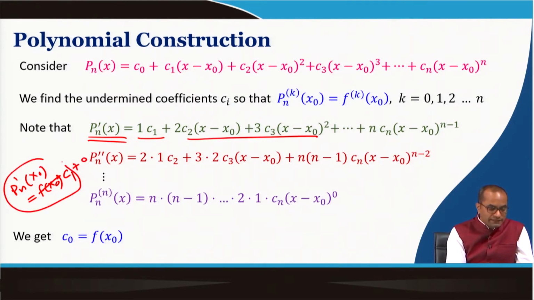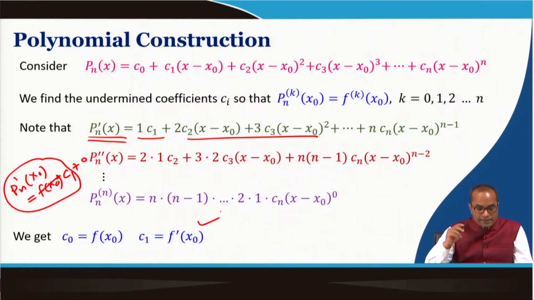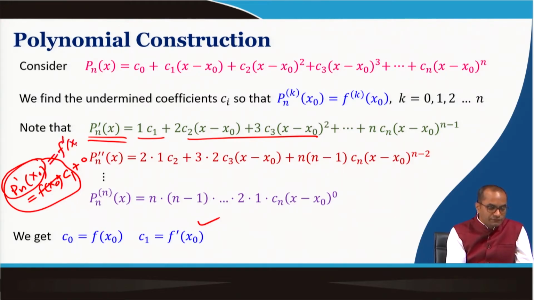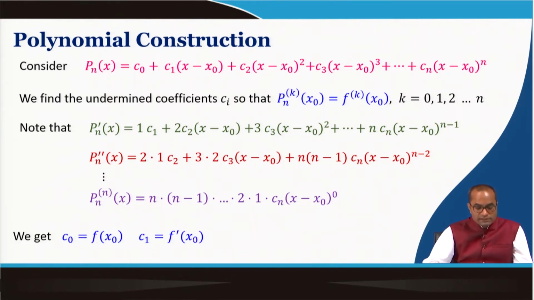So we are directly getting C1. So C1 will be f prime at x naught, because we are setting Pn first derivative at x naught equal to the first derivative of the function at x naught. So we get C1 as well.